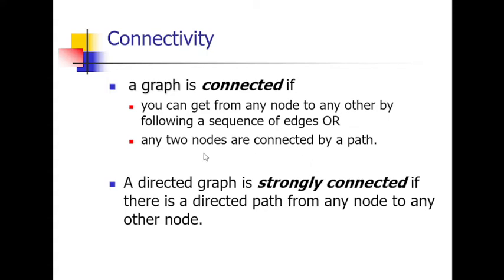And whether two nodes are connected by a path or not, and what is strongly connected. So connected means that there is at least a connection from one node to another. And what is strongly connected? If there is a directed path from one node to every other node, we will see the example.